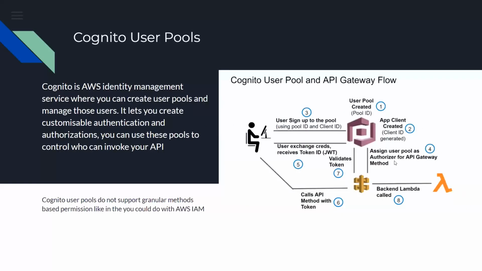On the headers, let's say there should be a bearer token authorization. You have to specify where the authorization would occur while you're creating the API gateway method. So now, how does this work?